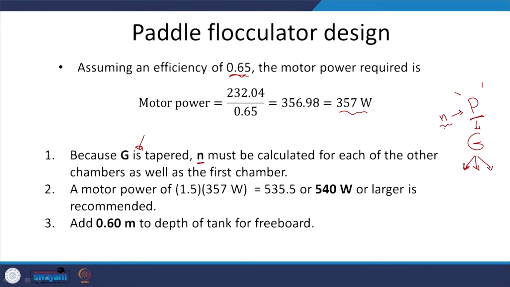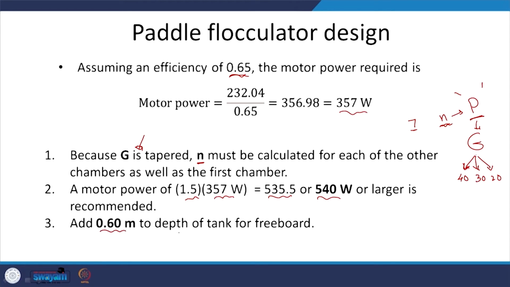So obviously here for the first one, relatively higher revolutions per minute, 7, for a G value of 40. For G values of 30 and 22, the relevant revolutions per minute will have to be calculated. And motor power of 1.5 into 357 watts, which is 540 watts or larger, is recommended, let's say, right.